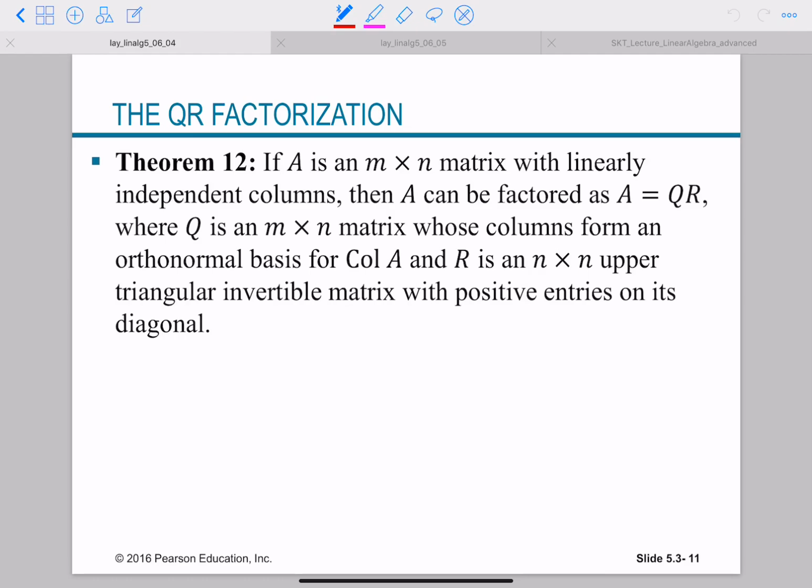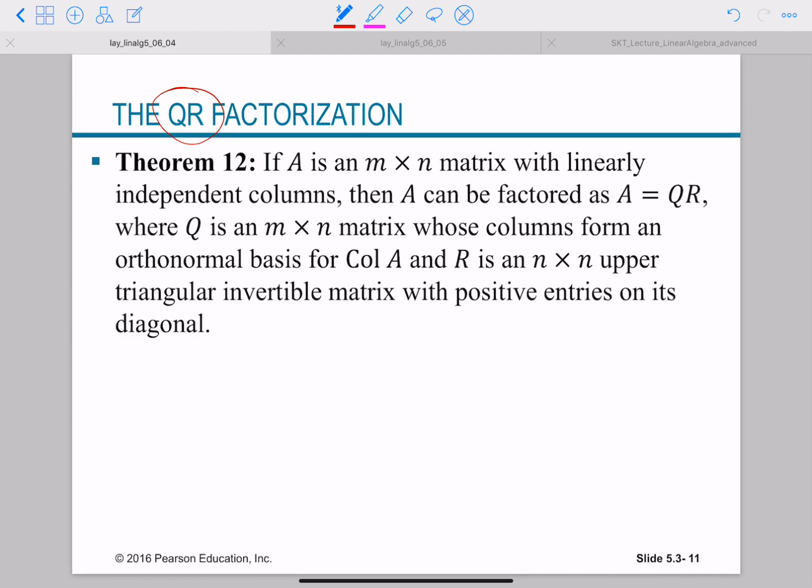Now, using the Gram-Schmidt process, it's time to study another interesting matrix factorization of a given matrix, called the QR factorization. It is exactly the same process as Gram-Schmidt.